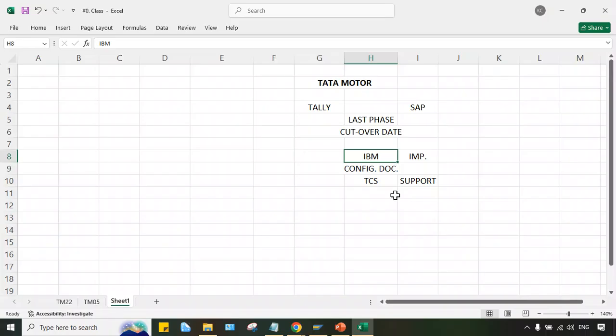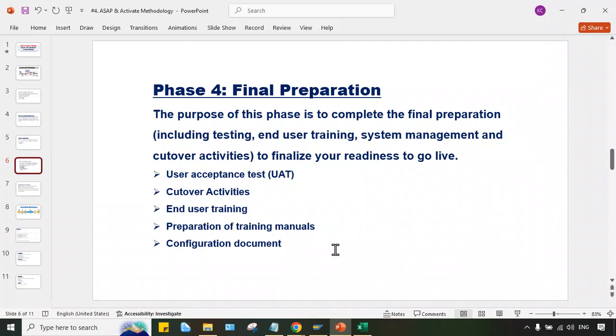In only 5 to 10% of the cases, implementation is done by one player and support is given by a different player. So the configuration document we have to prepare, and once it is prepared, we hand it over to the client.